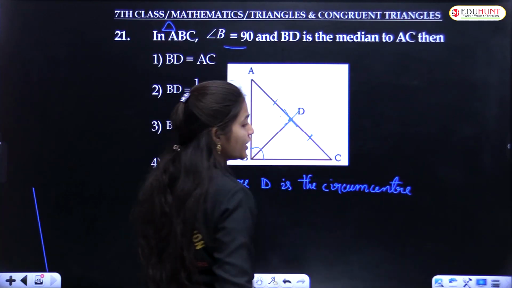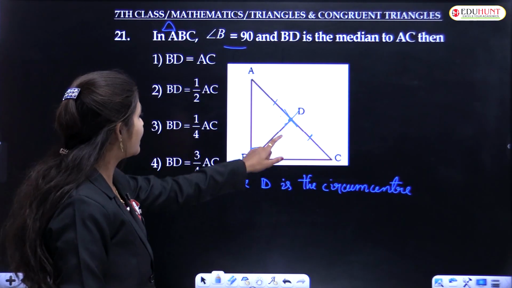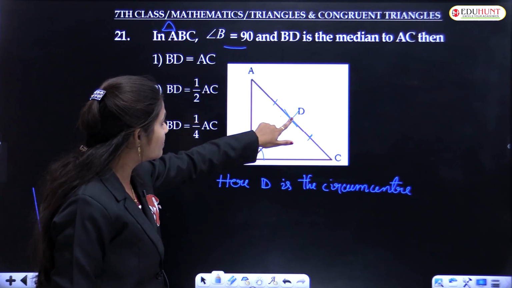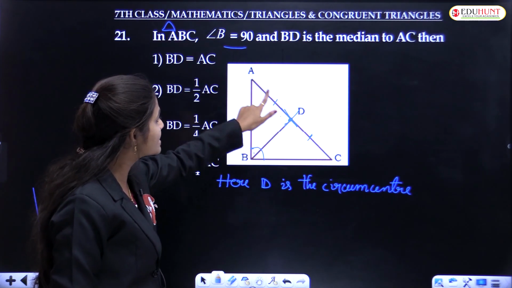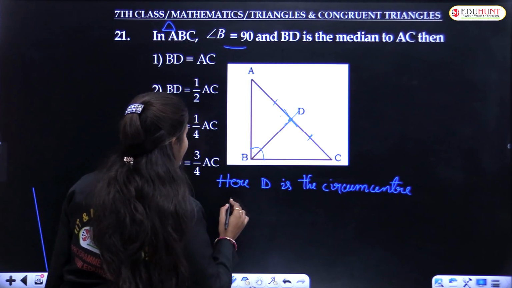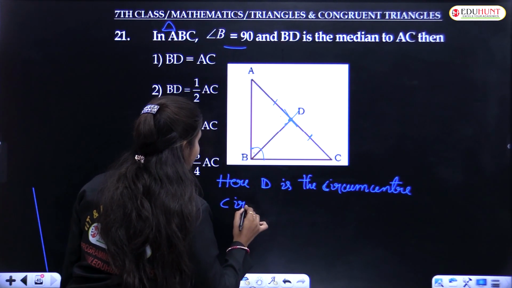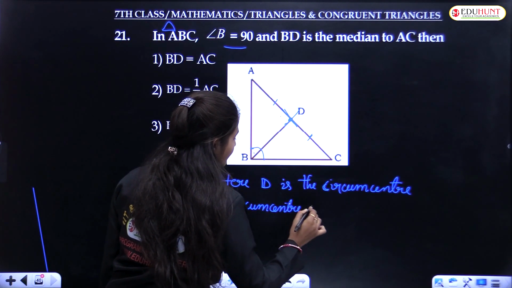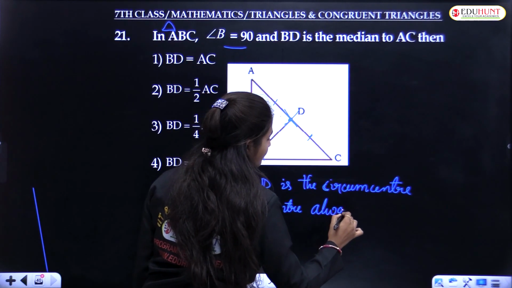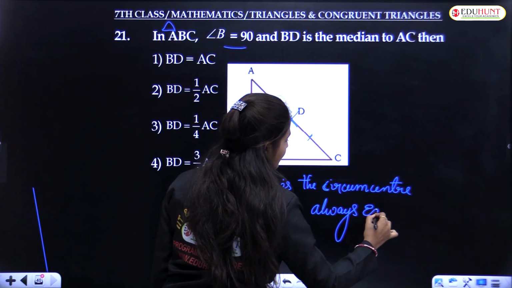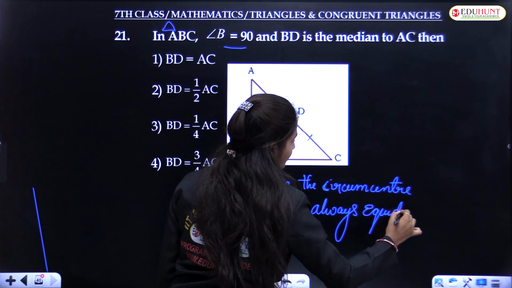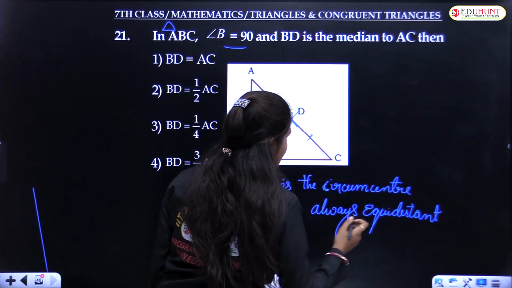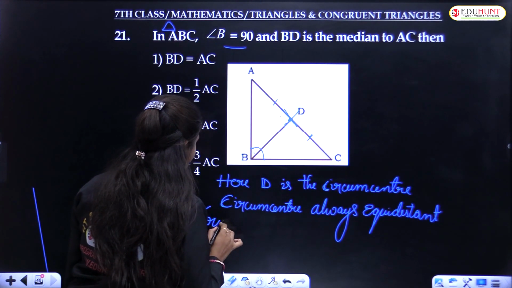So what is the property of the circumcenter? The circumcenter is always equidistant from its vertices.